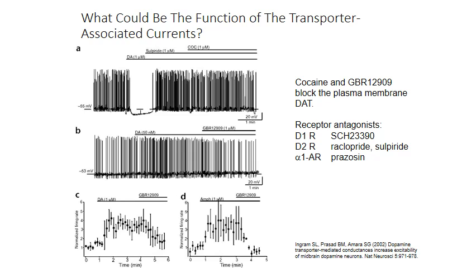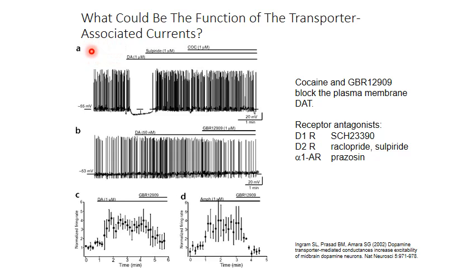So what might be the function of these transporter-associated currents? These experiments are now in cultures of midbrain dopaminergic neurons. So they have not only the transporter, but they have dopamine receptors in them. And you can see the spontaneous rate of firing becomes inhibited when dopamine is added to the culture.